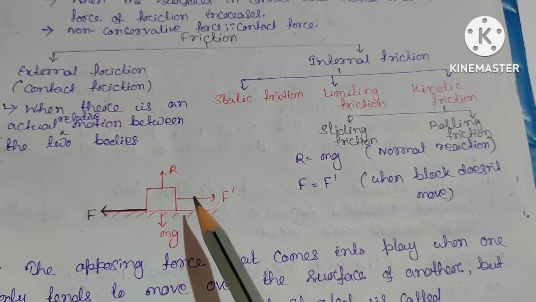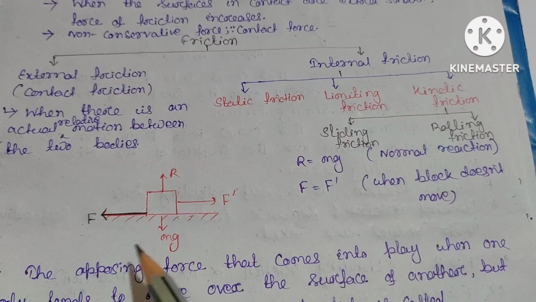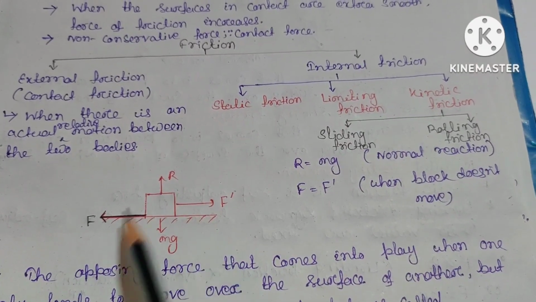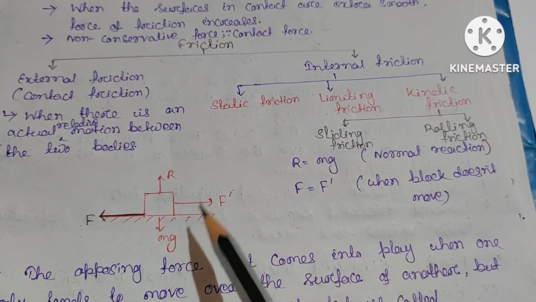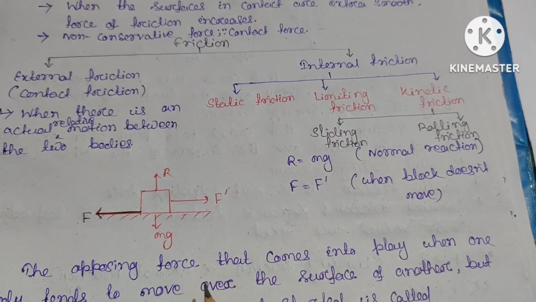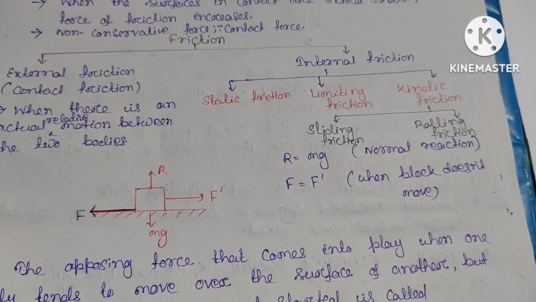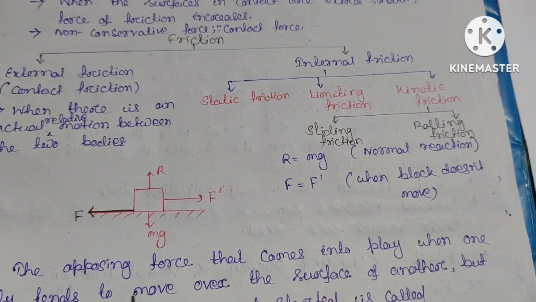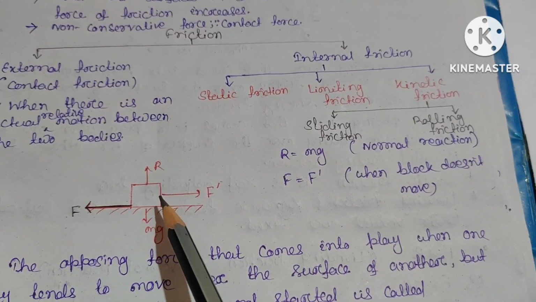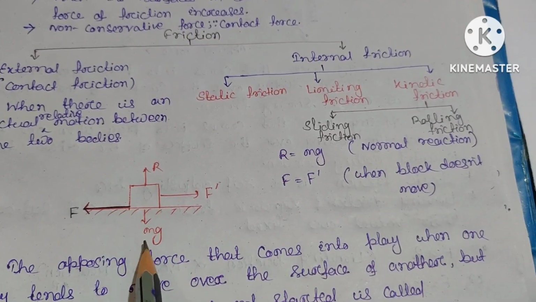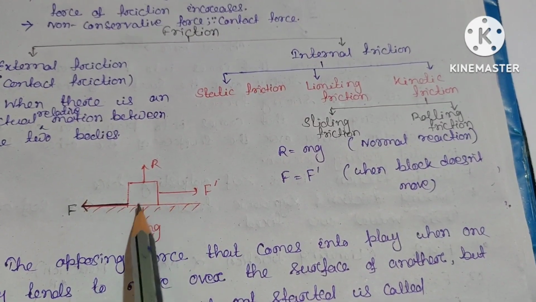So let us consider a block of weight mg lying on a horizontal surface as shown in this figure. When a body presses against a surface, the surface deforms even if it appears to be rigid. The deformed surface pushes on the body with a normal force, that is R, that is perpendicular to the surface. So this is called the normal reaction.